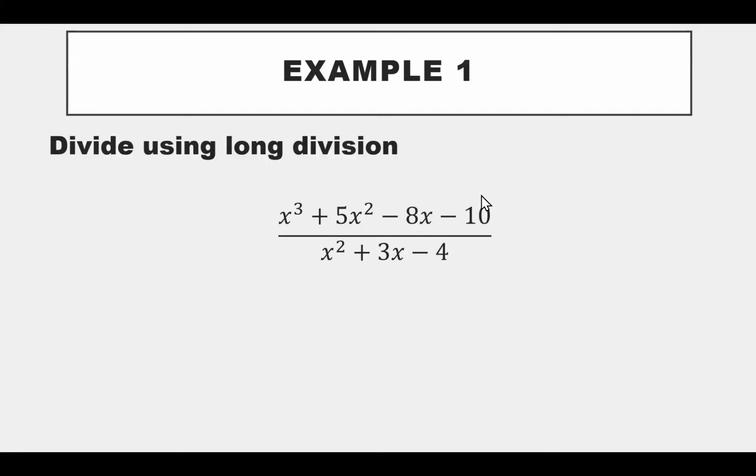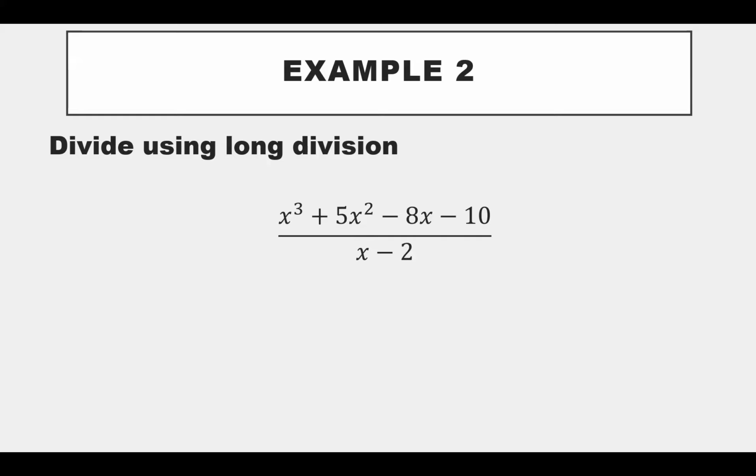Now, in example 1, dividing by using long division, this is not the only way to actually divide this, but this is a pretty decent way to divide. That is dividing by long division.